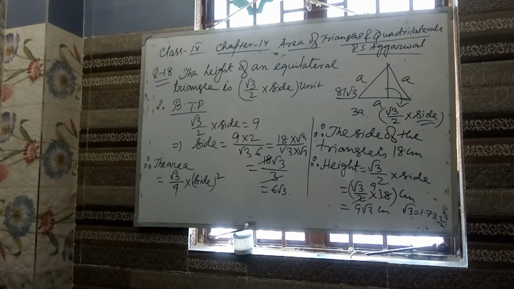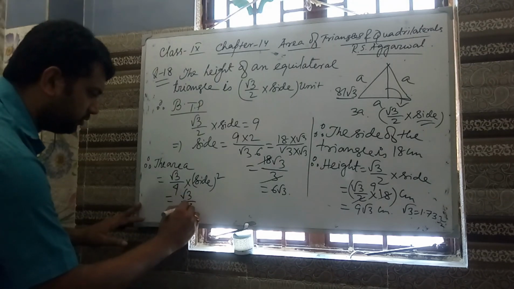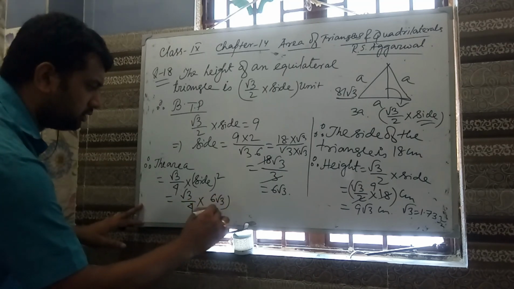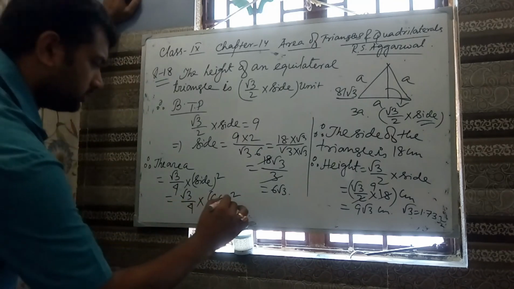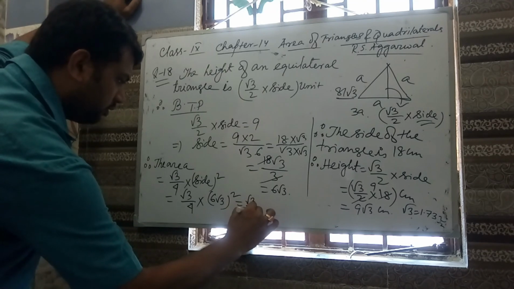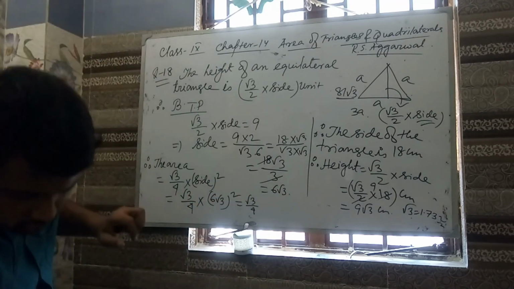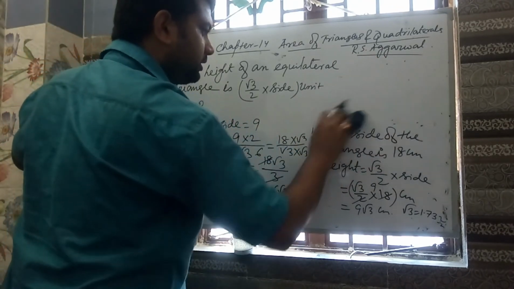Root 3 by 4 into side square. So it is root 3 by 4. Side square is 6 root 3 whole square. Calculate it. So it will be root 3 by 4.